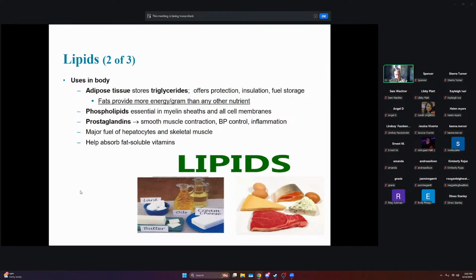If you compare fat, adipose tissue, gram for gram next to carbohydrates, next to protein, fats have more energy per gram than any other of the organic nutrients, and by a long shot. Okay, so that means once we break down fats, they have the most stored energy chemically than any other nutrient. Okay, so they're a tremendous source of stored energy.